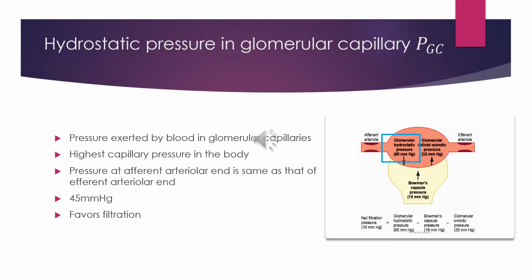And another thing is that this glomerular capillary pressure is the same throughout the glomerular capillary. That is, from the afferent arteriolar end to the efferent arteriolar end, this glomerular capillary pressure is the same, which ranges between 45 to 70 millimeter mercury.